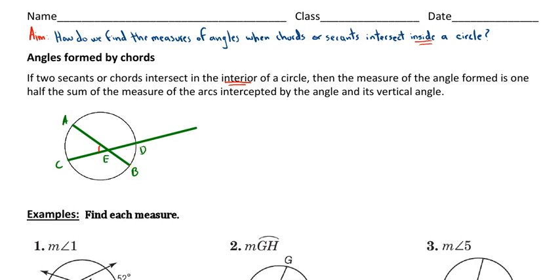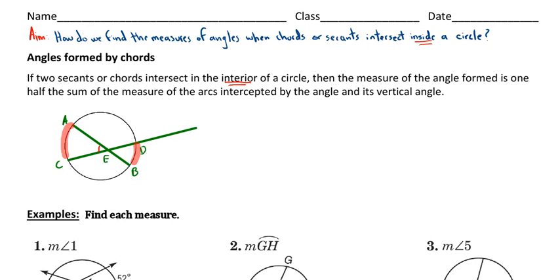So I'm going to highlight these arcs, those two. So the measure of this angle would be 1/2 the sum of these two arcs. So the same thing happens with the other angle BED, since it's vertical to the other one.